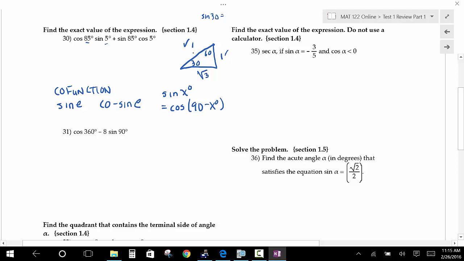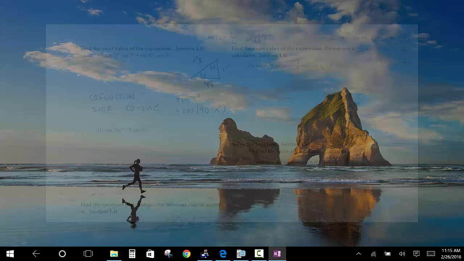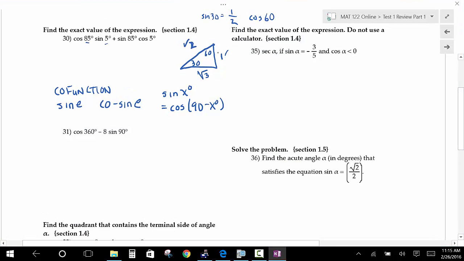That's a 2. Careful, Brad. So that would be opposite over hypotenuse, so it's 1/2. Now, if we do the cosine of 60, the complementary angle, what we get is adjacent over hypotenuse. It's the same thing. So that's what we mean by cofunctions.